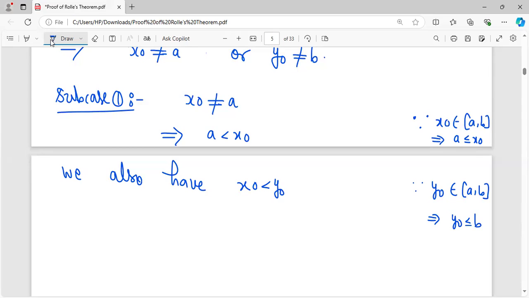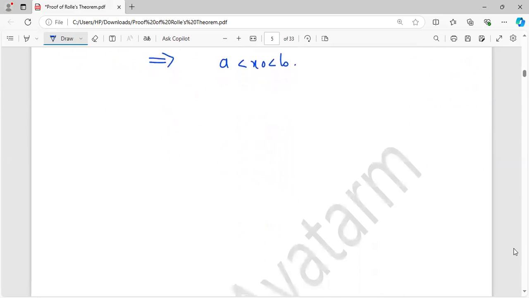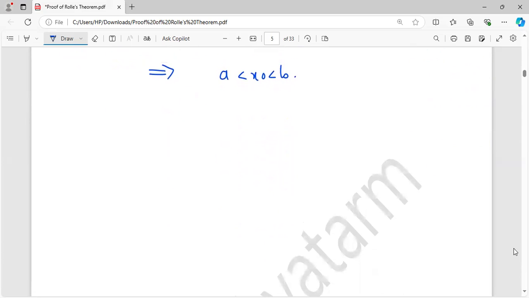So what we have is x naught less than b. So this implies x naught is in between a and b. So from here and from here we have this one. The function is differentiable.